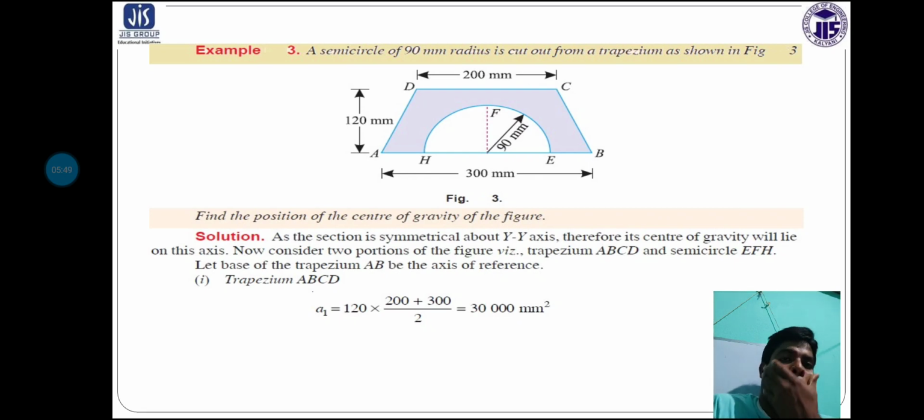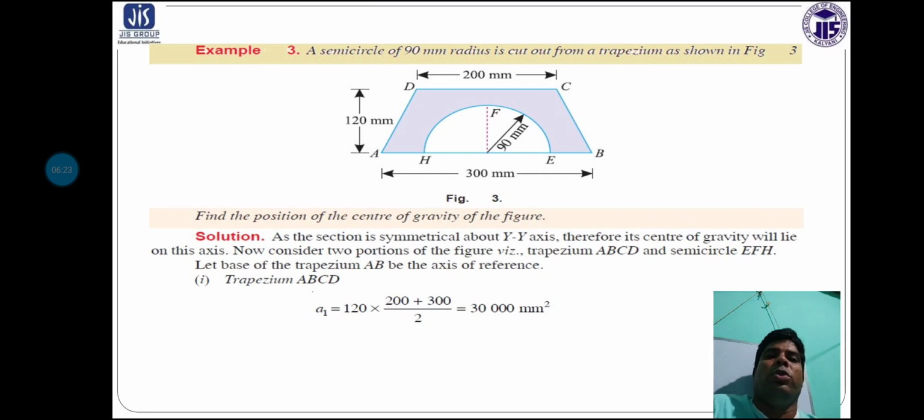So now a semicircle of 90 mm radius is cut out from a trapezium as shown in the figure. All dimensions are given here. The upper side dimension is 200 mm and the bottom side dimension is 300 mm and the height is 120 mm. And obviously the semicircle radius is 90 mm.